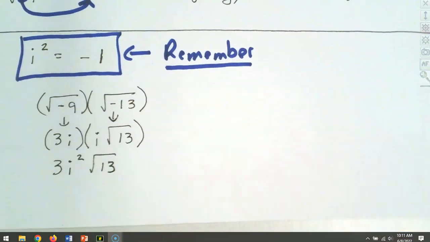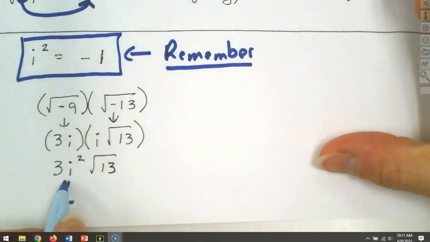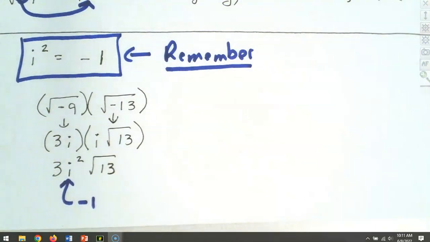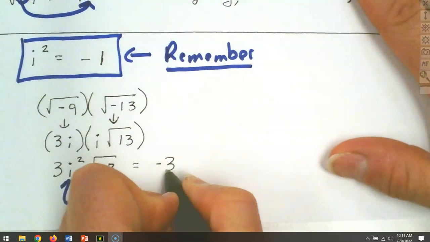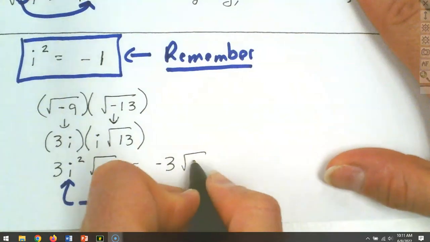And what do we know about i squared now? What's our definition say? It says that i squared is a negative 1. So our final answer would simply be then minus 3 square root of 13.